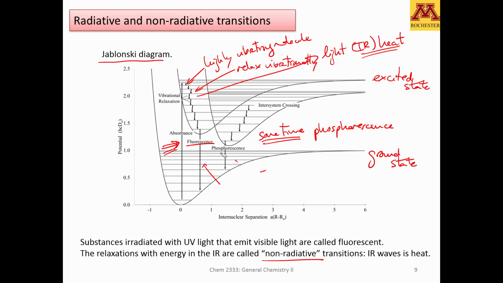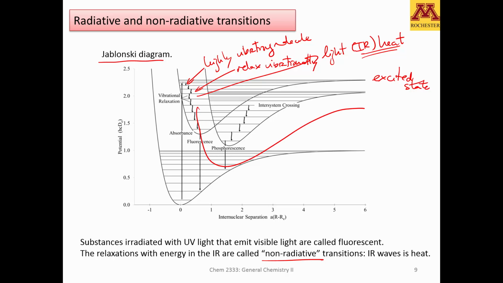So what happens to most molecules? Well, there are other curves in here, each of the curves would come here, that allow what we call non-radiative transitions, that is infrared. So when we talk about a substance absorbing light but not emitting any, that's not exactly true.